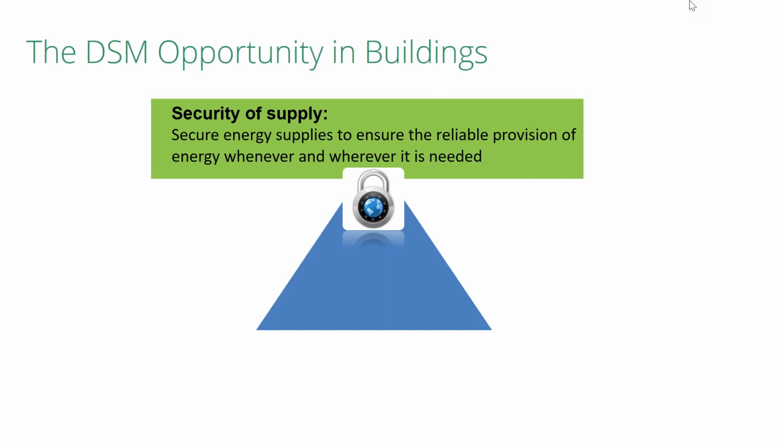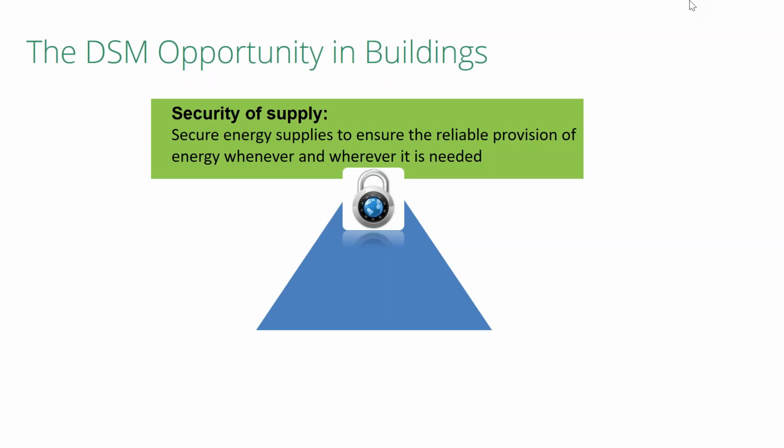So Miguel, tell us really why we should focus on buildings. Why do we talk about buildings when we talk about demand-side management in particular? Okay, the answer to these questions lies in the key drivers of international energy policy. On the one hand, energy policy is focused on ensuring the security of supply, meaning secure energy supplies to ensure the reliable provision of energy whenever and wherever it is needed.